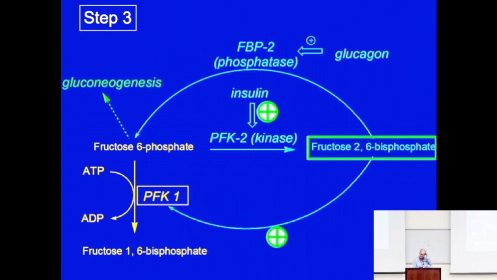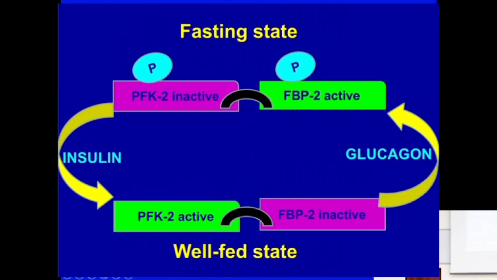Actually, while I'm here, I just want to say there's an enzyme that breaks this molecule, removes it. It's called FBP2, or fructose bisphosphate 2 phosphatase 2, and takes it back to here. So by removing it, it stops the activation of glycolysis.